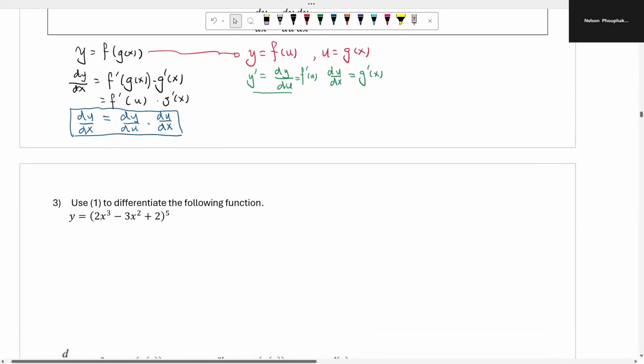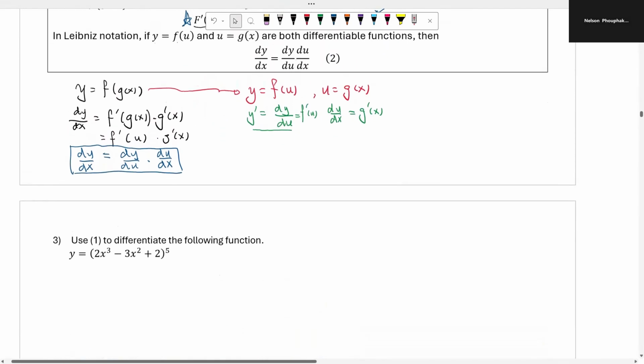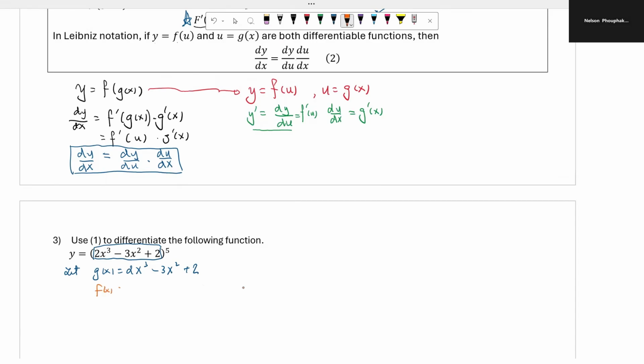Right now, let's try to identify the inner function and the outer function first. In this case, I would like to let g of x equal 2x to the power 3 minus 3x squared plus 2. And of course, f of x is equal to x to the power 5.